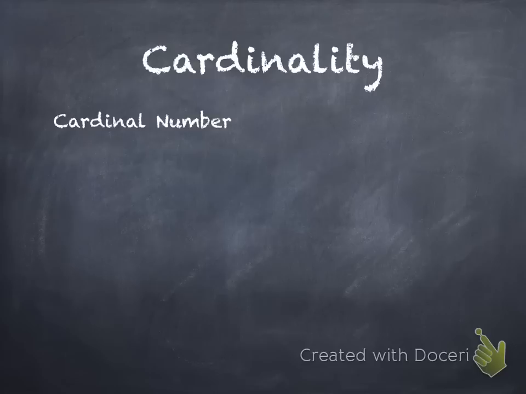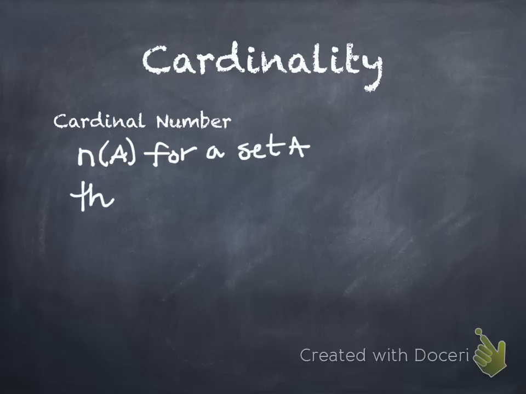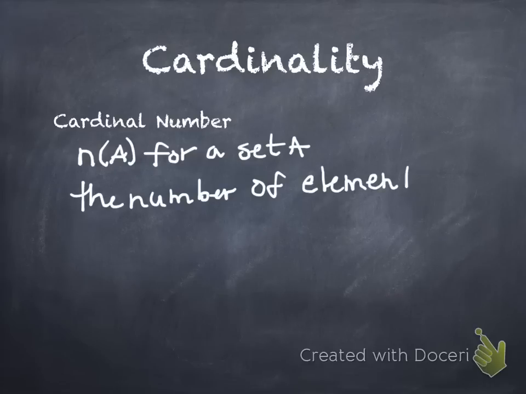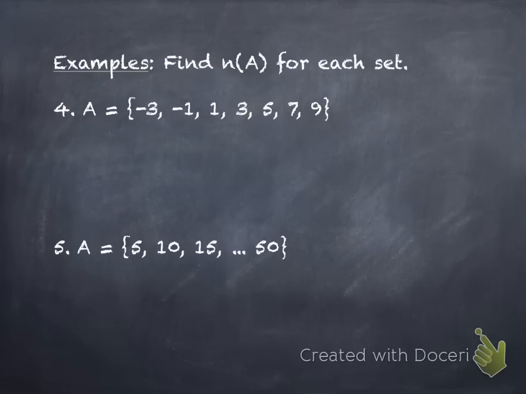Now, cardinal number, or cardinality, is notated N of A for a set A. This is the number of elements in set A. So we're going to do a couple of examples of this.